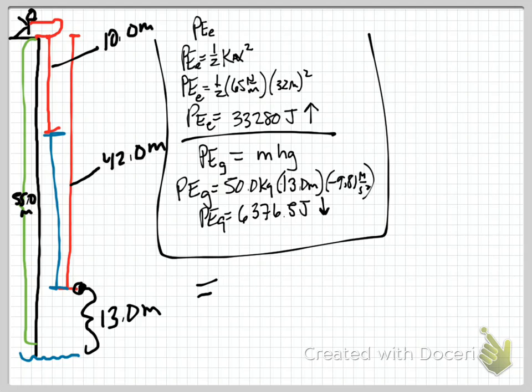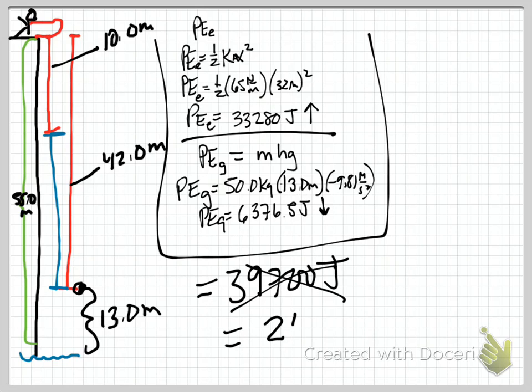If you do what the book did, you get, after sig figs, a total of 39,700 joules. But I think that's disingenuous. I think the better answer is accounting for the fact that they're in opposition. It would be 27. Whoops. No.